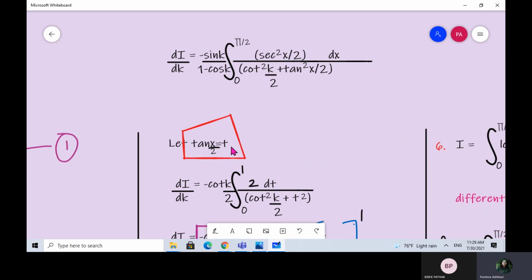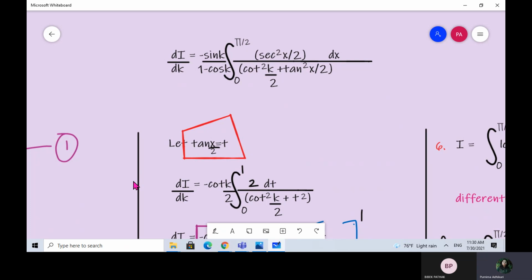You have done the substitution also. So t in place of tan, dt in place of sec square x dx, and since it is x by 2, 2 dt comes. So 2 dt.